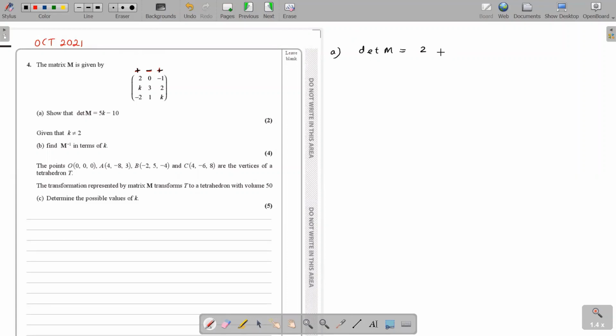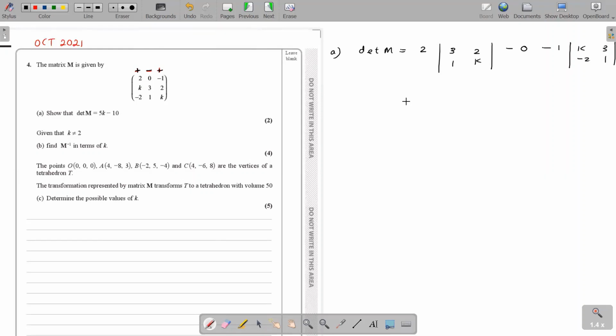So write the plus 2, remove the row and column with 2, and you get 3, 1, 2k, right? And then it's minus 0, and I'm not going to bother. We don't need to write the remaining elements for 0, because you multiply with 0, then you have 0. And then minus 1, remove the row and column, it's k minus 2, 3, 1.